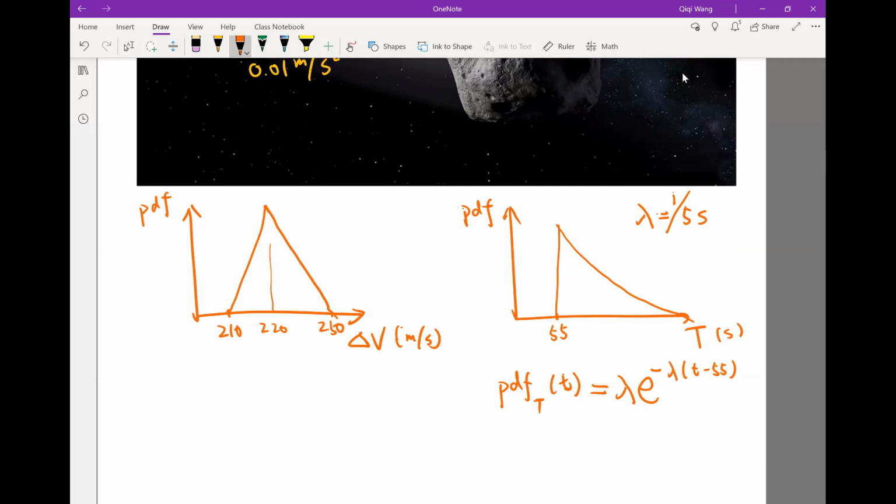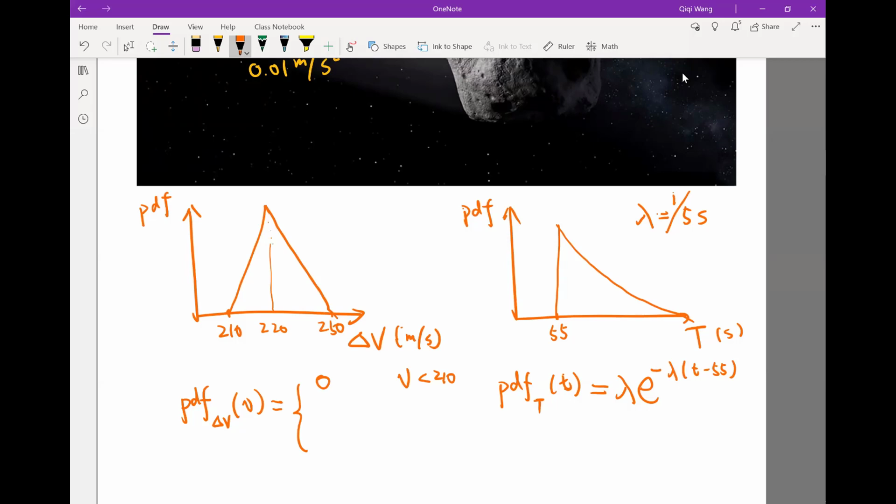And the triangular distribution PDF of delta V, let's say small v, is equal to, it depends on which range the small v is in. It is either equal to 0 if v is less than 210, or it's going to be a linear function that goes from 0 to the maximum.